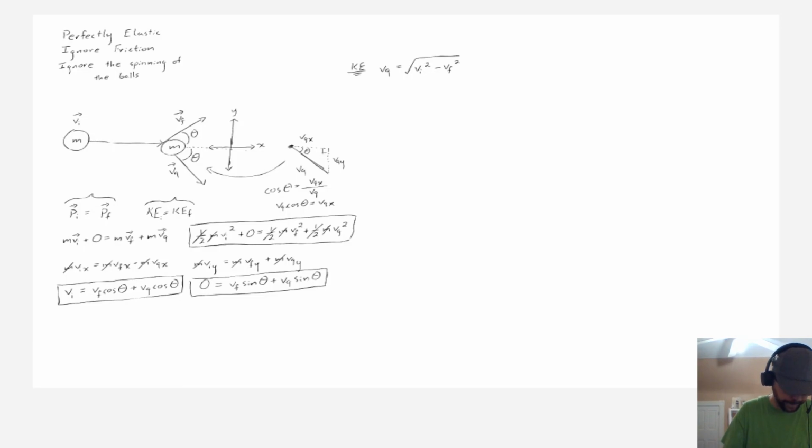Then I think the next best thing, we'll take v initial and solve for cosine of theta. So in this one, I'll rewrite the whole thing.